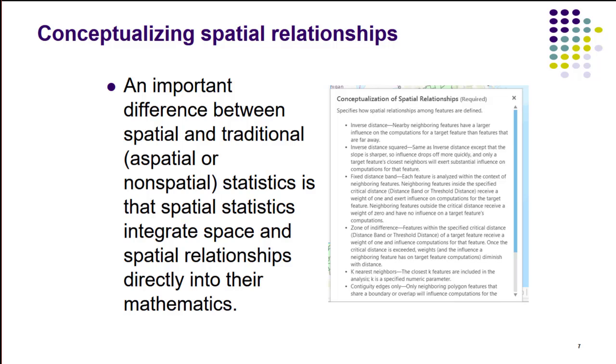Fixed distance band, that's used a lot in socioeconomic studies or in data sets that are maybe county, not really county, I should say, more like census tracts, which are smaller than counties, townships, in which there's maybe a neighborhood or a borough designation that corresponds with certain policies, and it's based upon a set size.